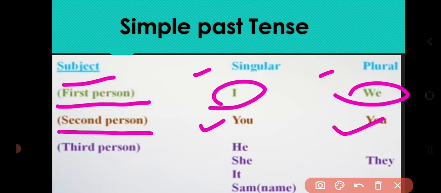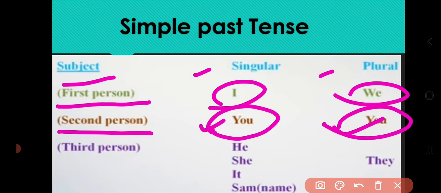You may be a little confused about when to use which you. For one person we use singular you, and for more than one person we use plural you.